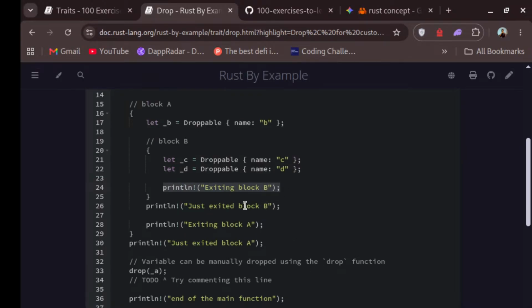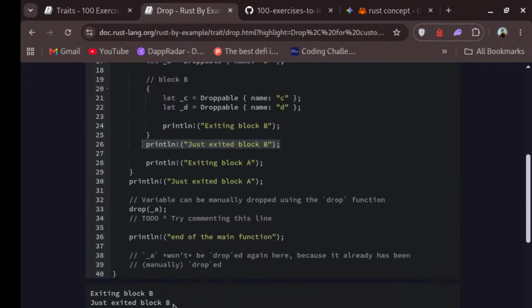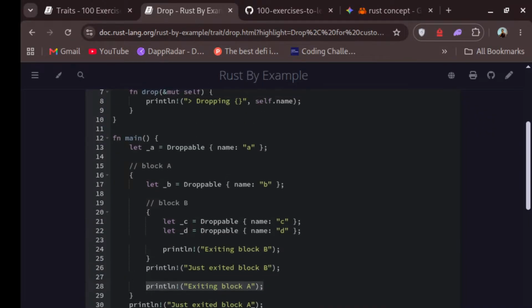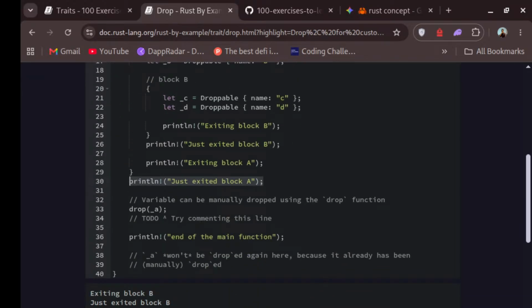This is exiting block B, then exit block A, and then the end of the main function.